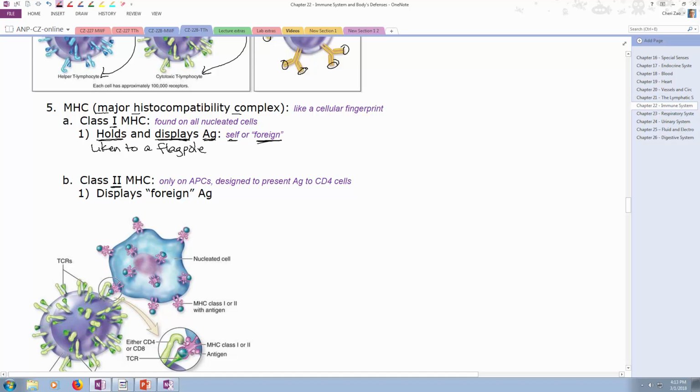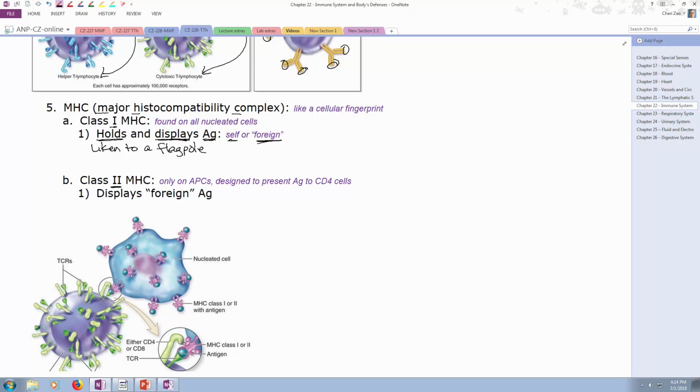But that's what's important. Class 1 MHC is designed to tell the immune system cells that are going around, always checking things out, also the natural killer cells, that I'm okay, I'm me, nothing's wrong with me, or I'm not okay, something's wrong with me, I have been invaded.